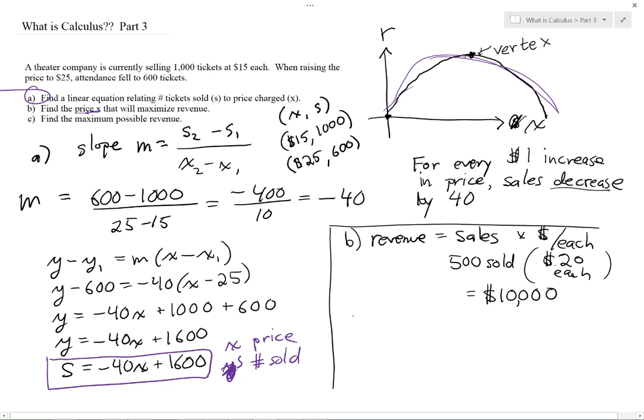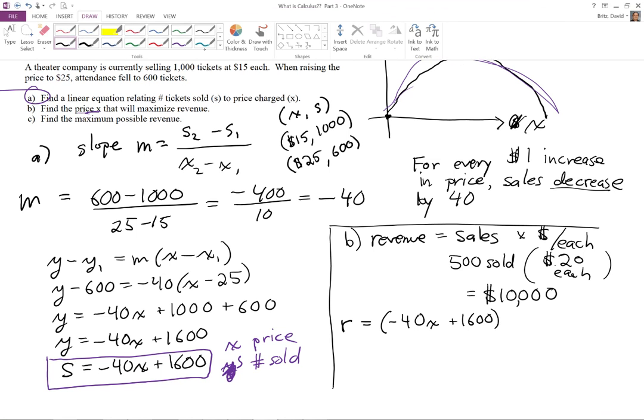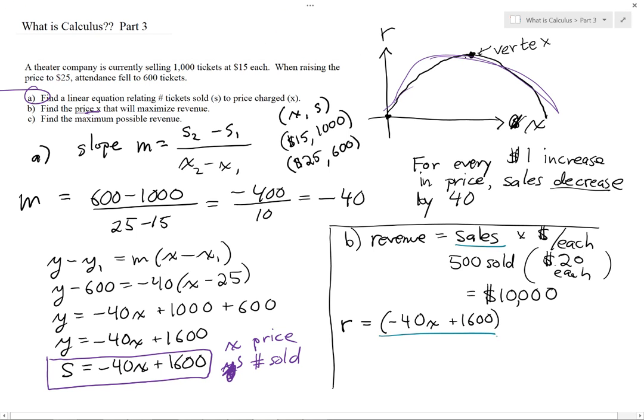So let's go ahead and write an equation. So the sales, well, what is the sales? Well, the sales, we actually found that earlier. That was the equation. That's going to be the negative 40x plus 1,600. So that gives us the sales, and now the price each, well, that is going to be our x. Remember, x is the variable we used for price.